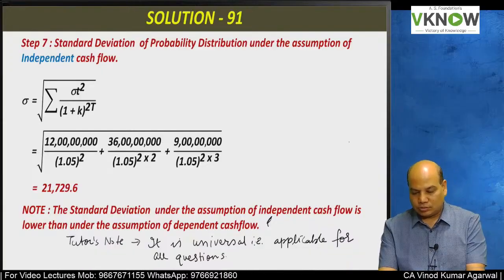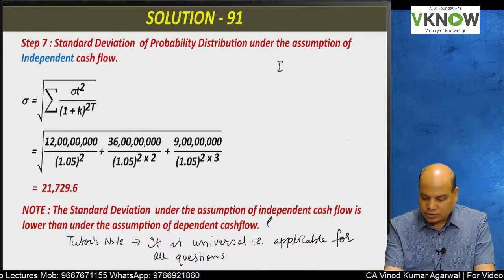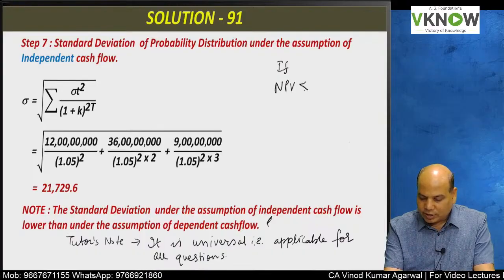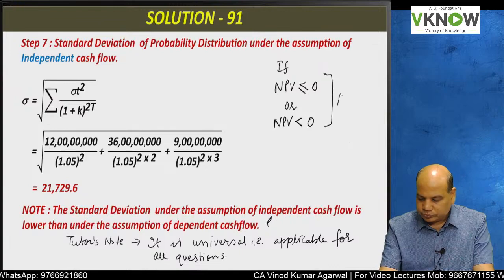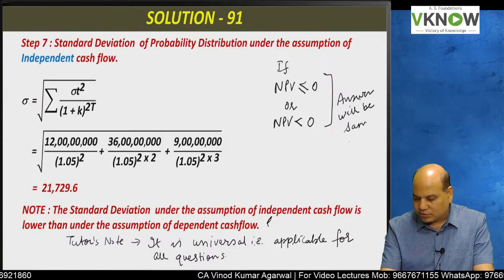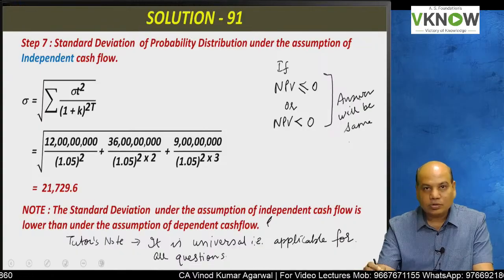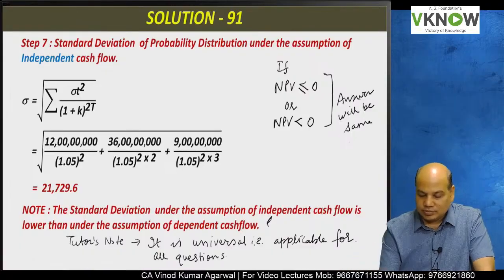Now I need to tell you one more thing. If the question says probability of NPV greater than, less than or equal to 0, or NPV less than 0, answer will be same. So whether it is less than 0, less than equal to 0, the answer will be same.